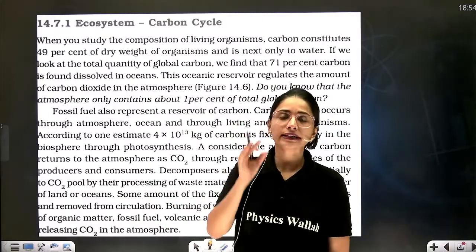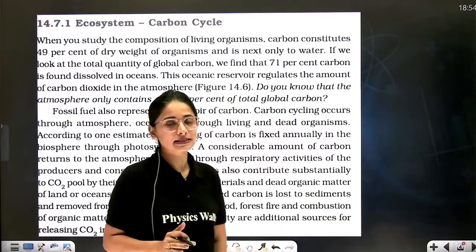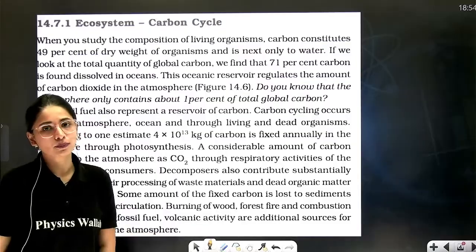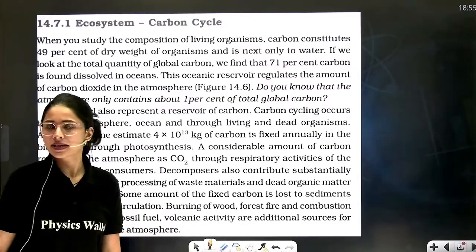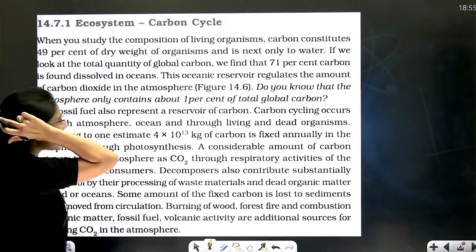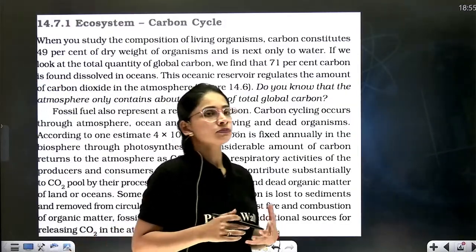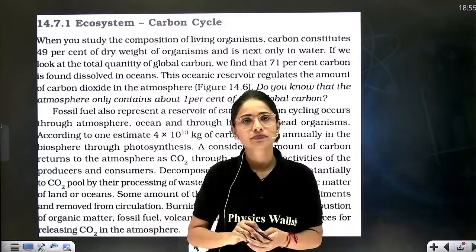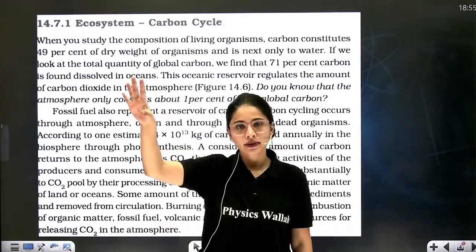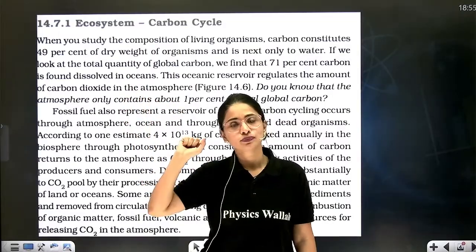I have knowingly taken this screenshot from your NCERT so that we cover each and every point given in your book and none of the points get missed out. Okay, chalo. So beta, according to this carbon cycle, it is a gaseous cycle. The ultimate source of carbon is in the atmosphere, present in the form of CO2.